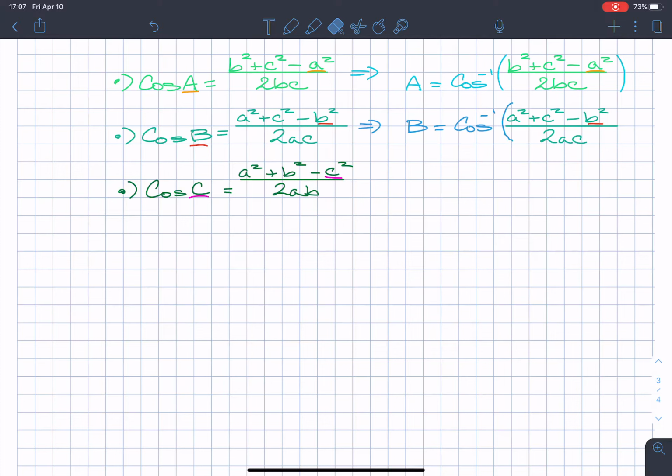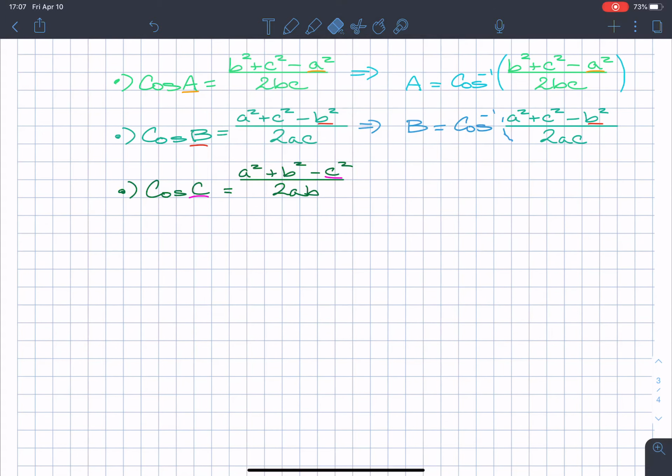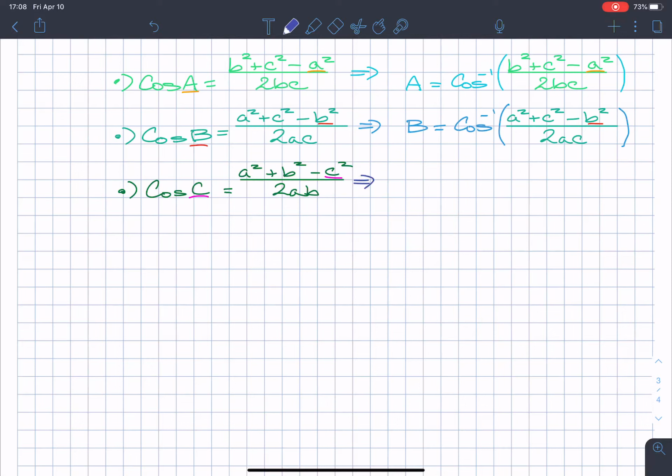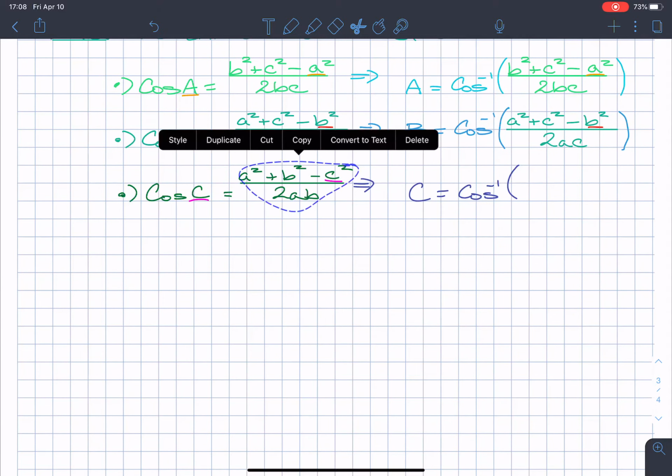And last but not least, for angle C, we just take inverse cosine of its quotient.